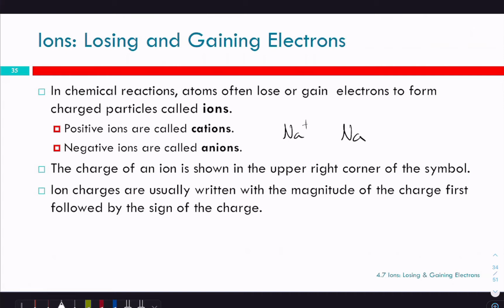I'm not going to be super picky about this, but usually if it's more than just a 1 plus or a 1 minus charge, you write the number first and then the charge. So it'd be S sulfur 2- instead of -2.